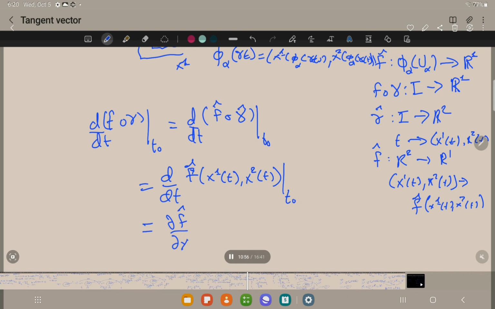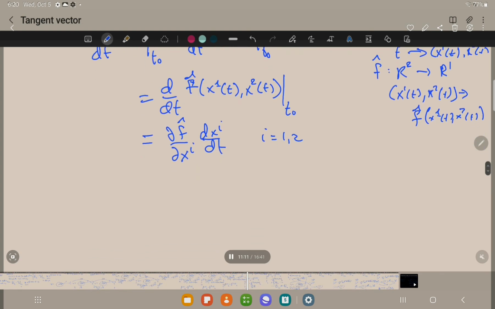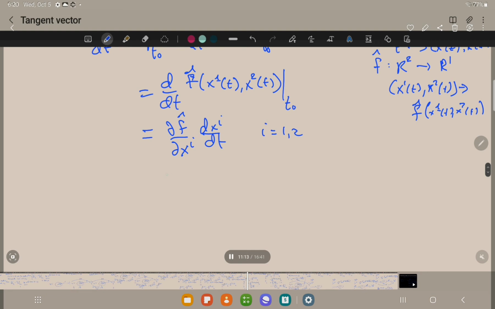You take the derivative of f hat with respect to x^i, and then dx^i/dt. So that's going to define the velocity. And in our case, it's just 2 dimensions, so i is equal to 1 and 2. So dx^i/dt equals v^i, so I rewrite it first, and then partial x^i.